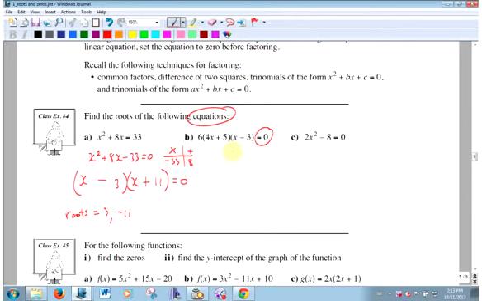How about this guy? He's already done for us. When is this thing going to be 0? When it's 3. What value of x makes that 0? Negative.